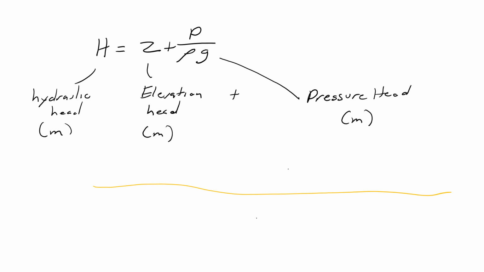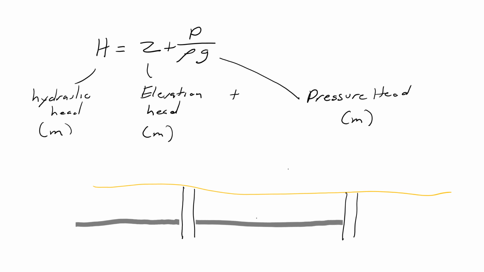So if you go back to that little diagram I had earlier, where we had two wells, we had a confining layer, and then we had water levels rising to different heights in our well.